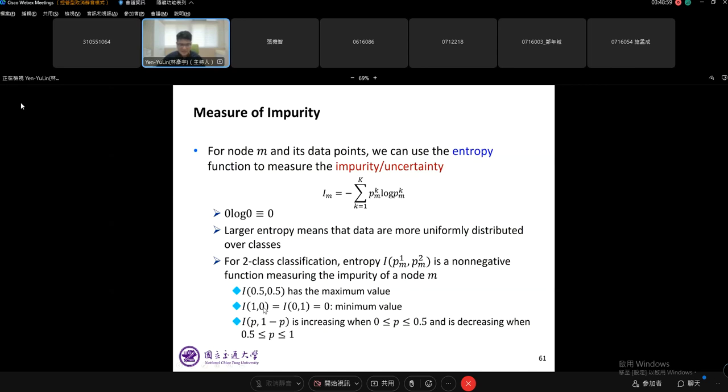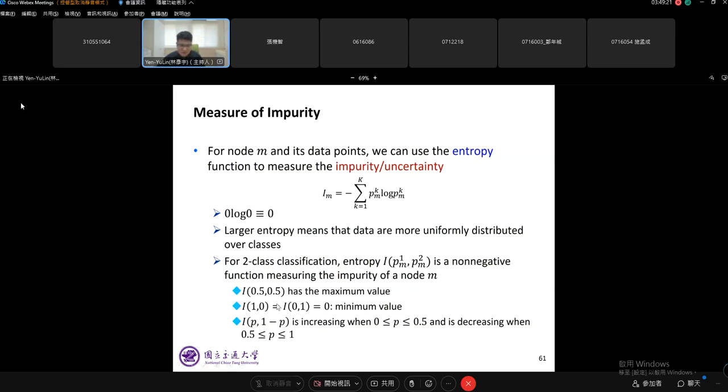On the other hand, in the pure case, I of (1,0) and I of (0,1) are equal to 0. This is the minimum value of entropy.